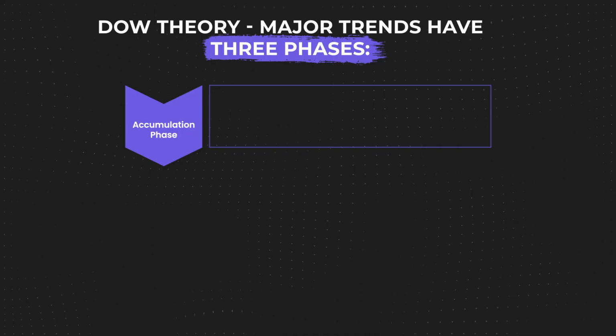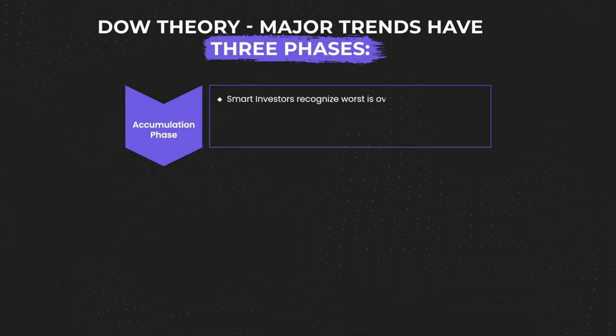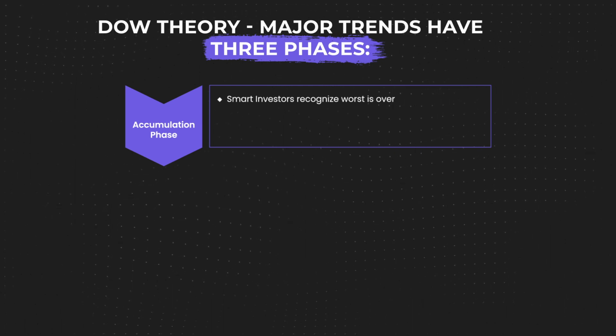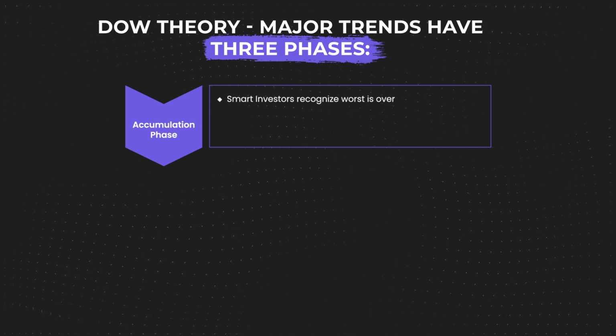The markets have fallen a good 25-50% from the top, and then it goes sideways. Now this is the time when valuations have come to a normal period, or there are very undervalued stocks. This is the time where smart investors understand the worst is over, and the selling pressure gets absorbed and there is accumulation.